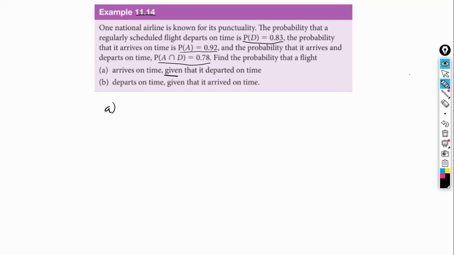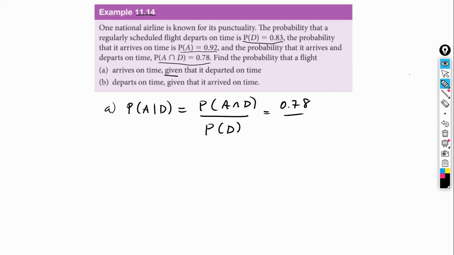So this is the probability that it arrived on time given that it departed on time. So remember that this is going to be the probability of A intersection D over the probability of D. So this is simply 0.78 divided by 0.83, and this gives us 0.94.